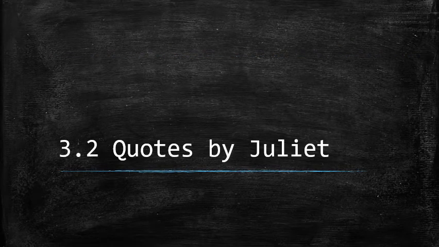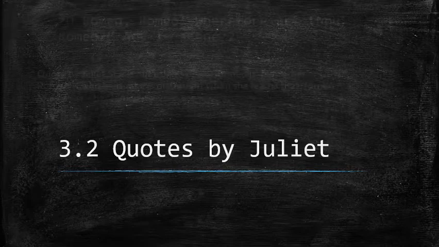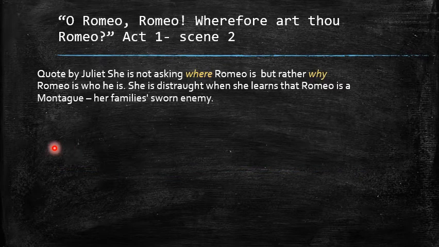For 3.2, let's look at the Old English quotes by Juliet. This is an Old English quote by Juliet from Act 2, Scene 2. She says, O Romeo, Romeo, wherefore art thou Romeo?